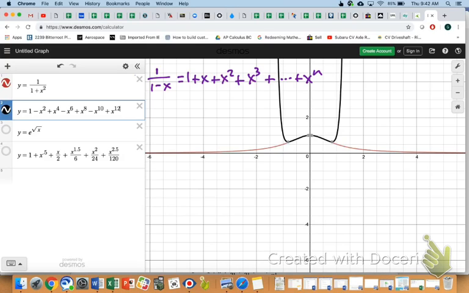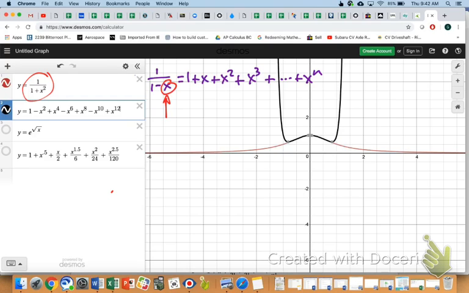You with me? Okay. This might be the part where maybe I'm taking too big of a leap here, I don't know. But what could I replace this with in order to get that expression off to the left?